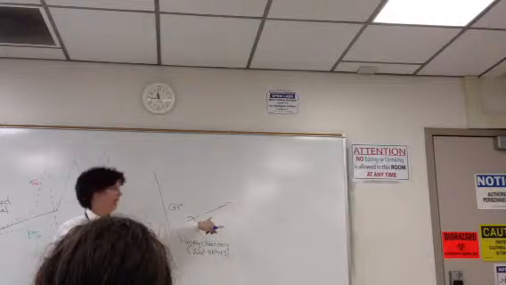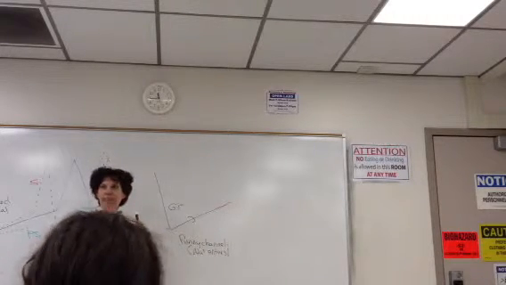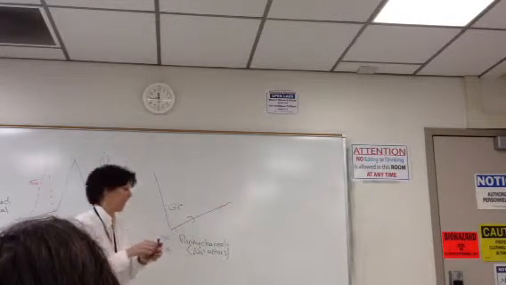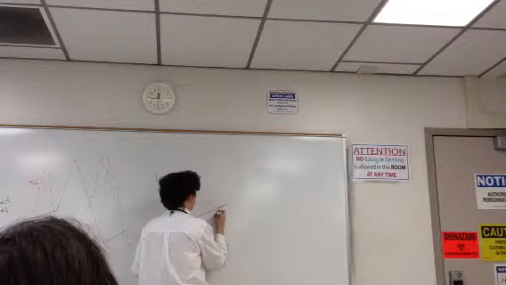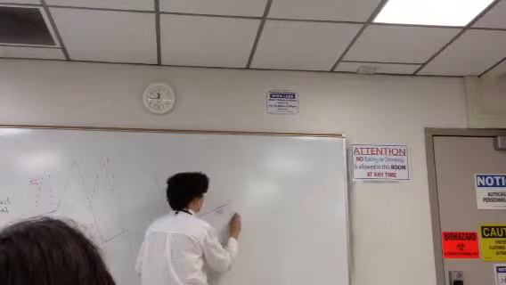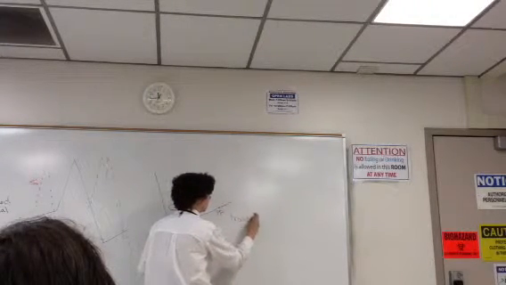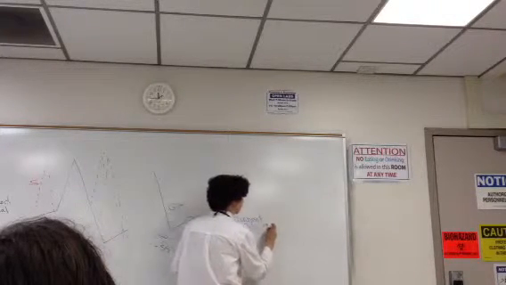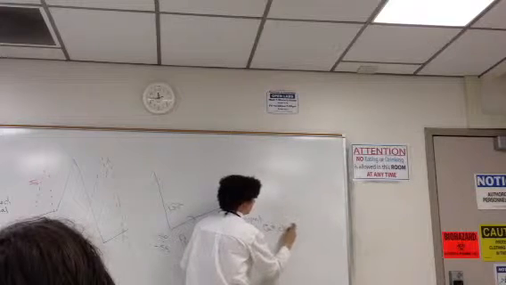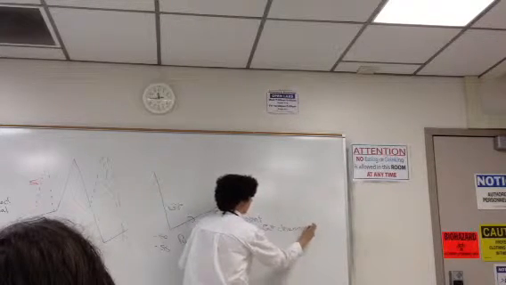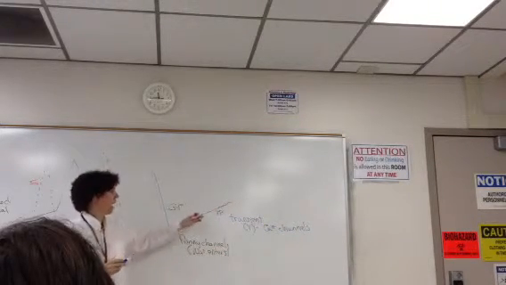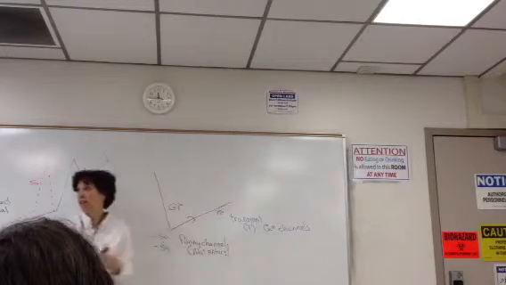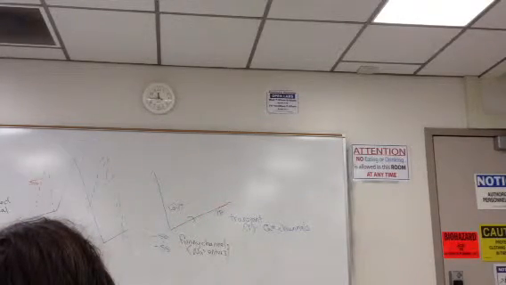The transient. So this is actually another threshold, okay? It's a threshold for our transient T calcium channels. So that allows another flood of positive ions to enter into the cell.